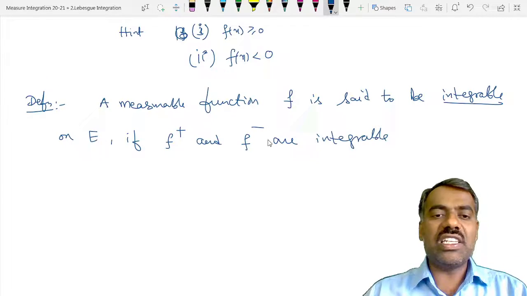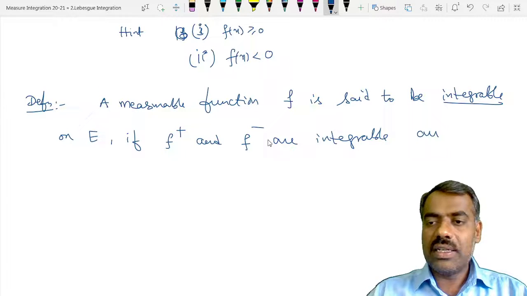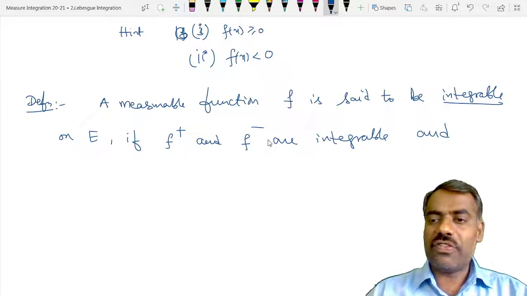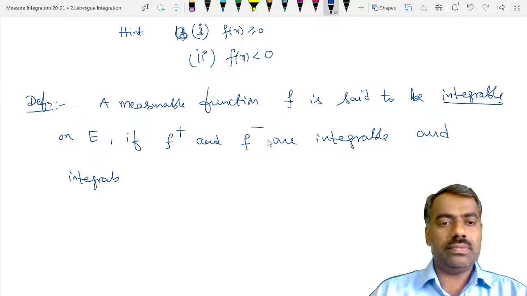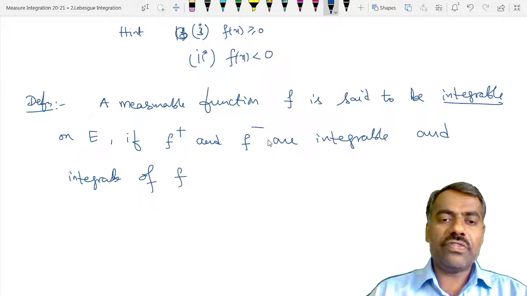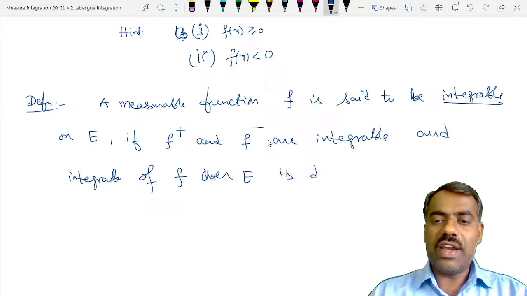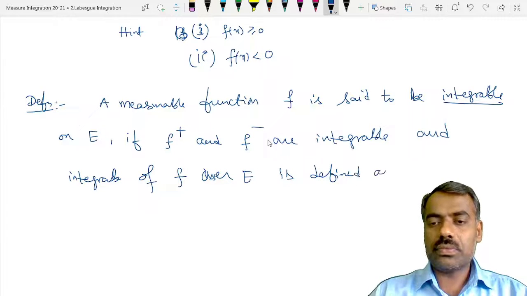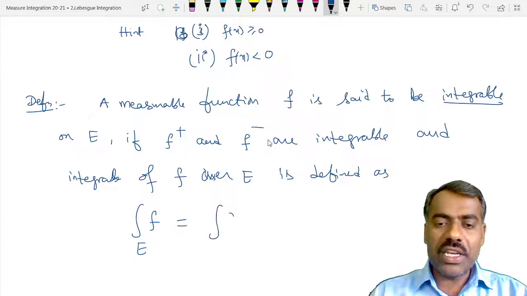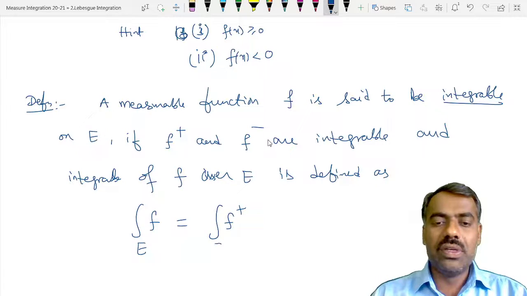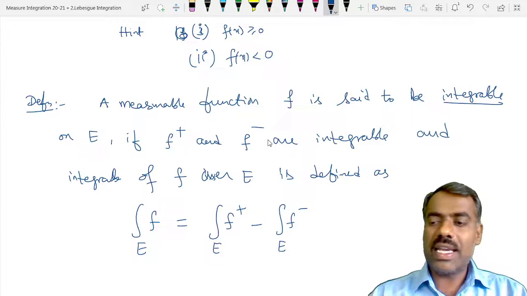That means their integration is finite. And integral of f over E is defined in this case as follows. Because f plus is non-negative, its integration makes sense and it is finite. Similarly, integration of f minus, and you take their difference.